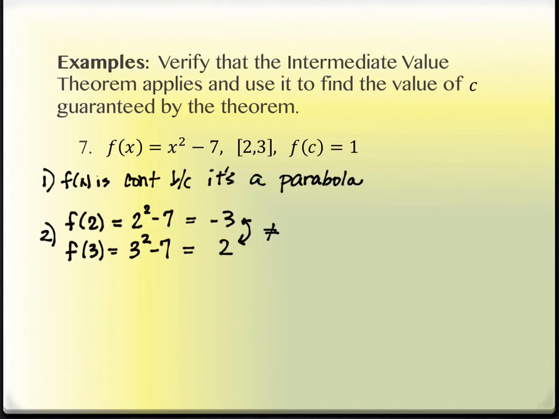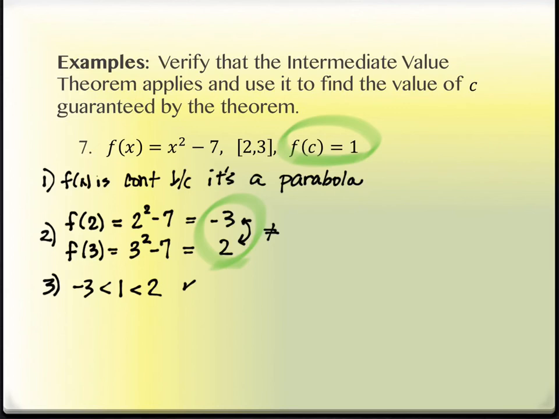The endpoints don't match. And then step 3 needs to verify that the k value that it gives us is in between the two endpoint values that we're looking at from the y value perspective. So the value of 1 really is between negative 3 and 2. Yes? Yeah, it is. So we want to make sure that we verify that piece is there too.